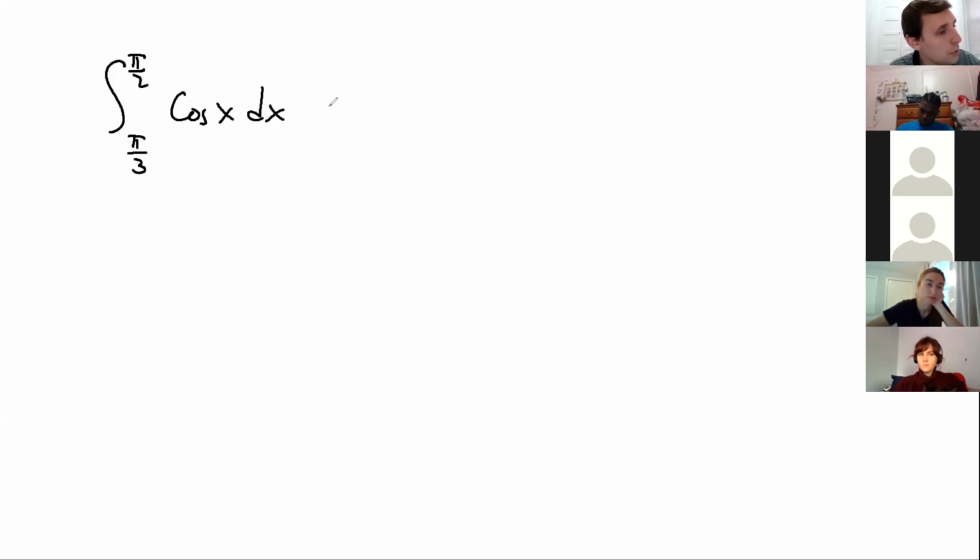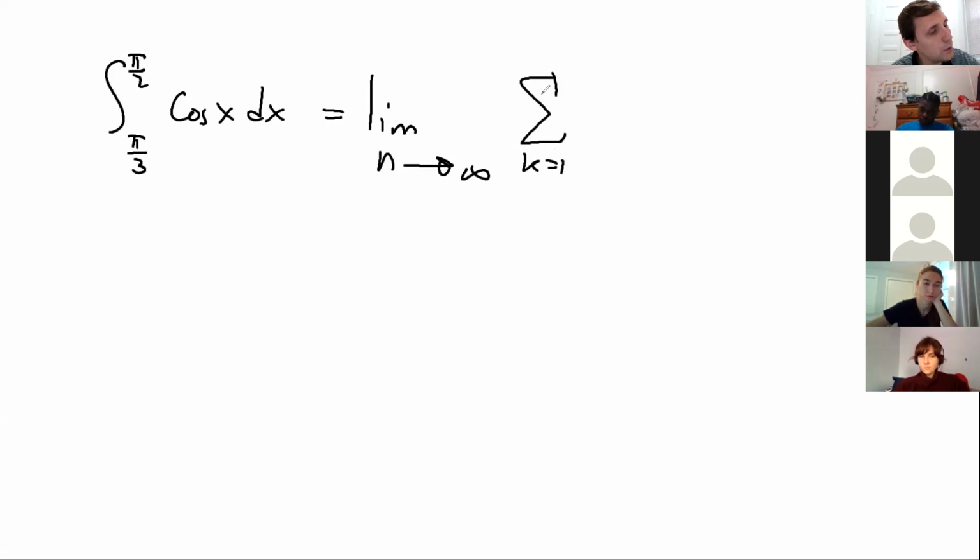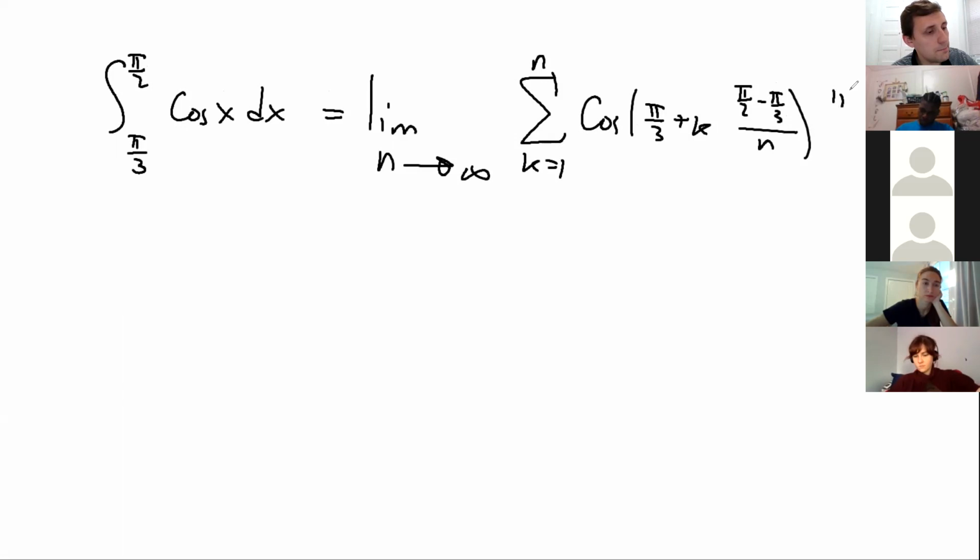So if you don't have this, you go by definition, you go, oh, let me try the limit as n goes to infinity of the summation k equals 1 to n, and here I have cosine of pi over 3 plus k times (pi over 2 minus pi over 3) divided by n, times (pi over 2 minus pi over 3), that's the length of the interval, divided by n.